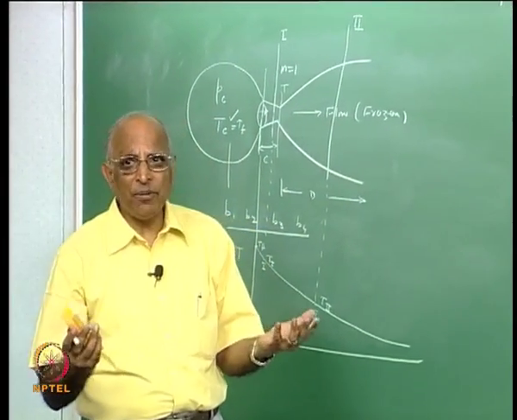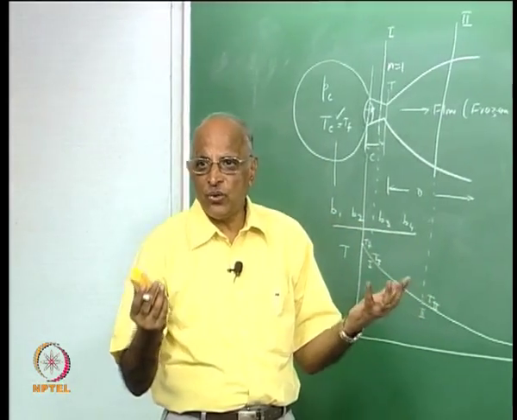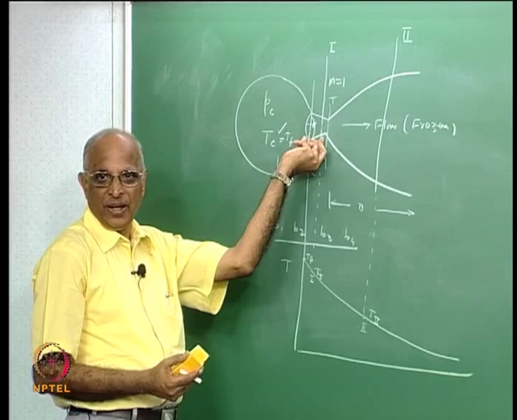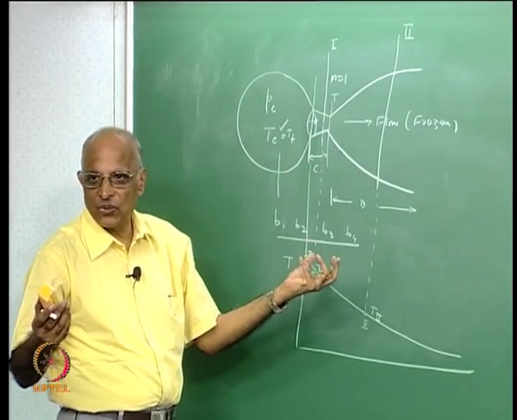But now how do I determine which one I should use? In my convergent, the flow is quite subsonic and therefore I have a lot of time for reactions to occur.